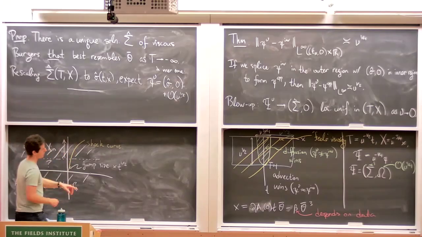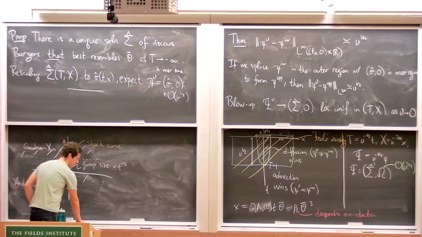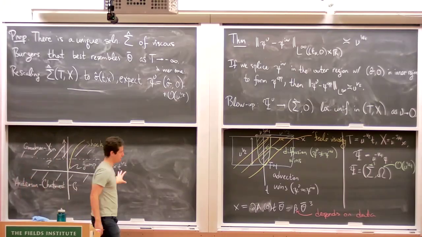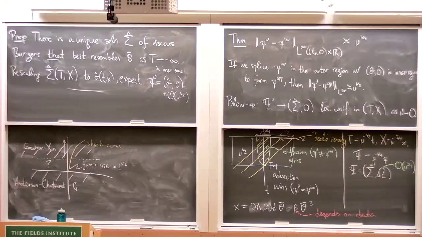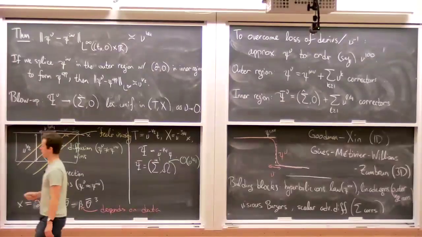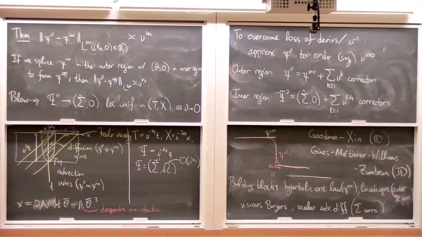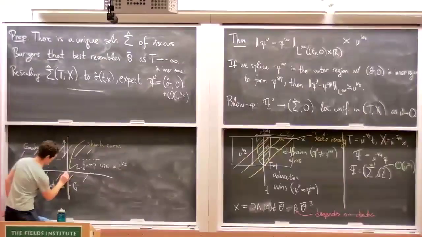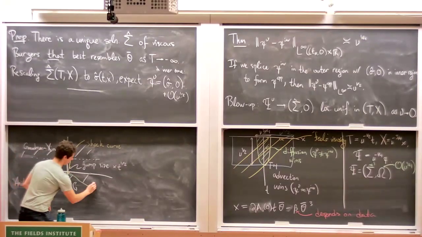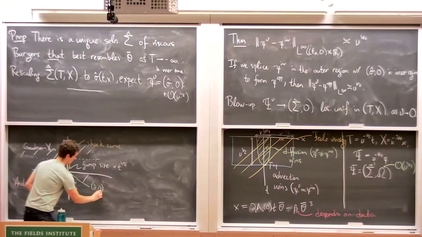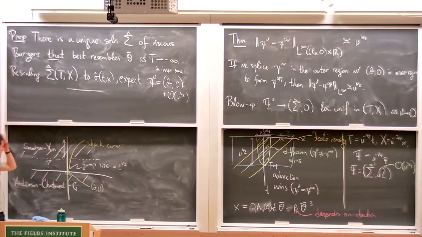So the inner zone that I was talking about, in this macroscopically scaled picture, is a tiny little patch close to the origin. I've just told you that in a little region here, you look like sigma hat and 0 at leading order.